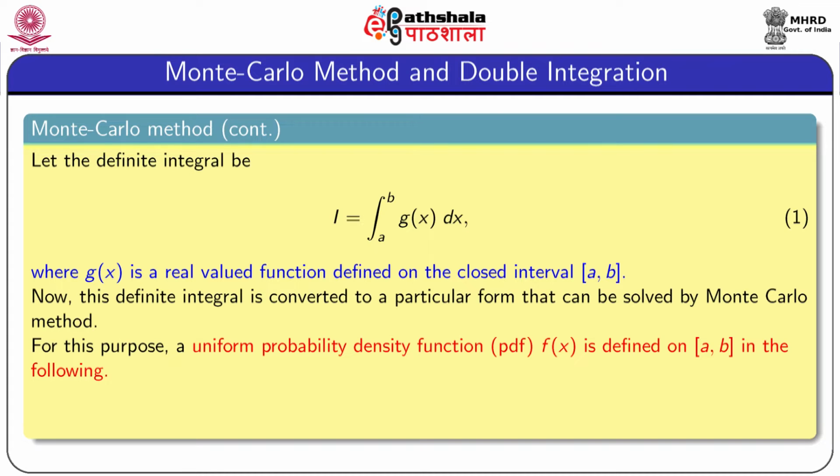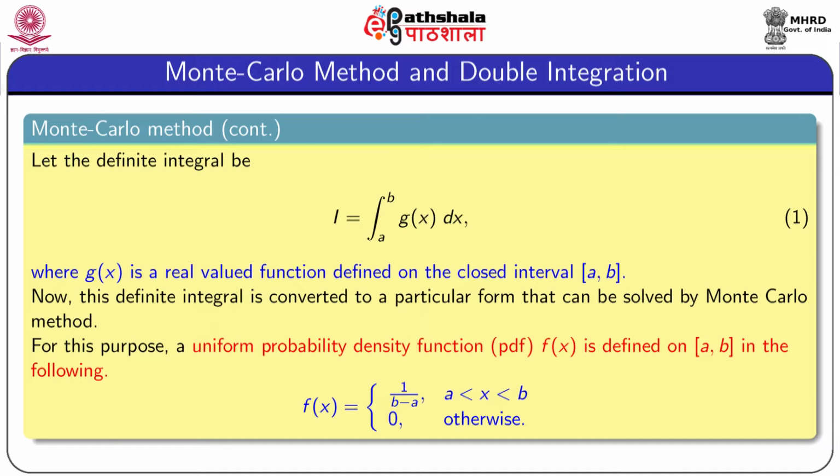For this purpose a uniform probability density function, in short PDF, f(x) is defined on the closed interval in the following form: f(x) equal to 1 by (b minus a), where x lies between a and b, and 0 otherwise. This PDF is also known as the rectangular probability density function or uniform probability density function. Note that 1 equals (b minus a) into f(x) when x lies between a and b.